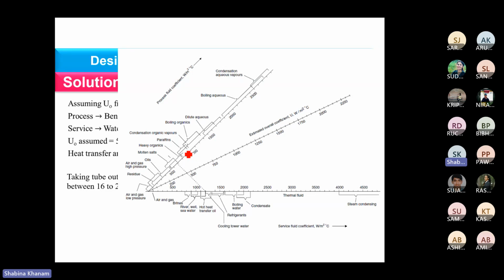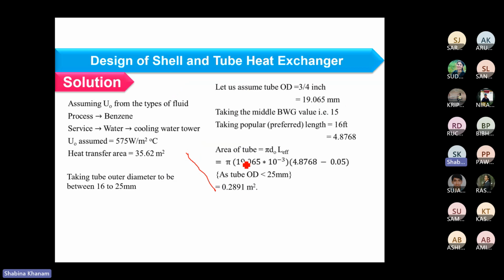For cooling tower water, it varies from this to this, so you can consider the middle value. You need to draw the line matching these 2 points. It is not a straight line, but if you draw a straight line, you will find the overall heat transfer coefficient as 575, and this you denote as the assumed value.